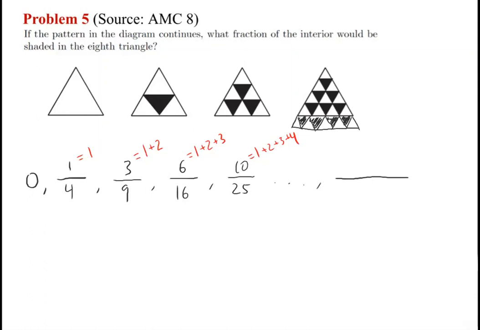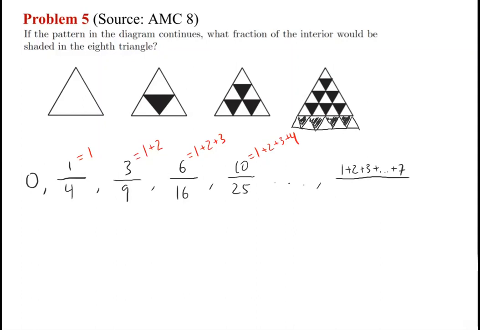So that means, using this pattern, for the 8th triangle, the numerator would be 1 plus 2 plus 3 all the way to 7.